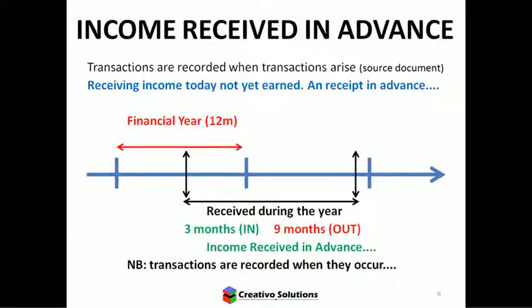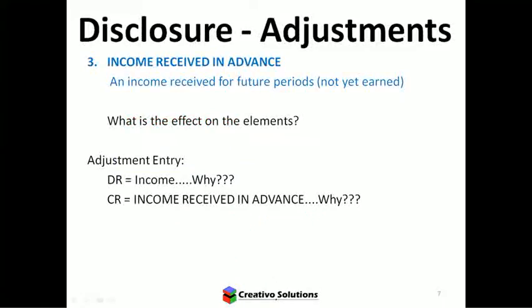Well, I'm recognizing something today which will only be earned in the future. So if I don't earn that income in the future, I'm then going to have to record an outflow. It's going to give rise to a future outflow potentially if it isn't earned at a later stage. So therefore, when looking at the definition, the disclosure is important. Income received in advance is referred to as an income received for future periods that you haven't earned yet.